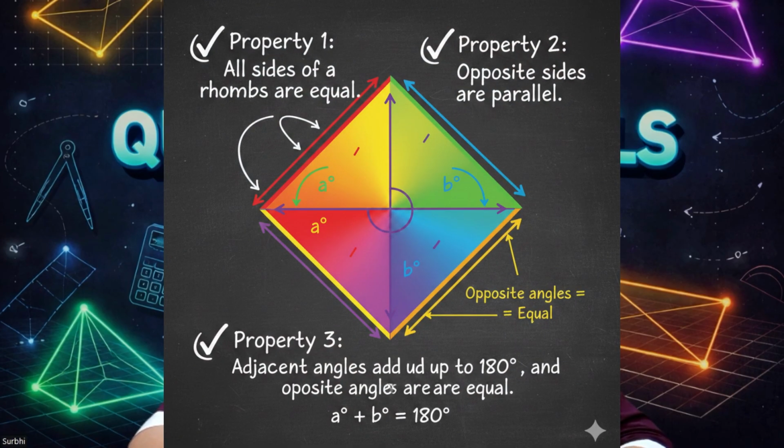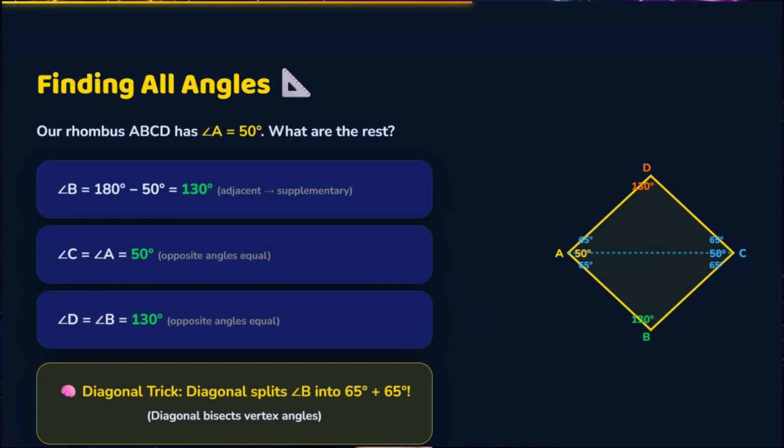So let's give a quick recap. Property 1 says all sides of a rhombus are equal. Property 2 says opposite sides are parallel. And property 3 says adjacent angles add up to 180 degrees and opposite angles are equal. So students, we constructed a rhombus ABCD with angle A as 50 degrees. What are the other angles?